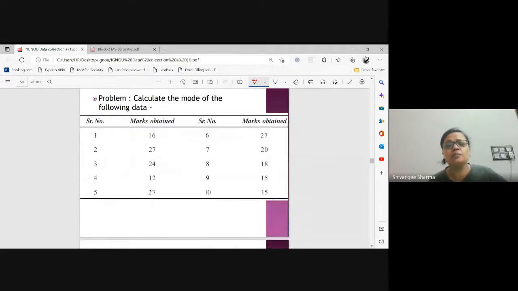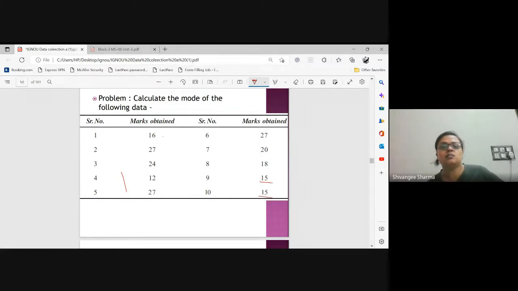We have the marks obtained by 10 students. This is their serial number or roll number 1, 2, 3, 4, 5 till 10. So from observation, you can tell which is the most frequent number.